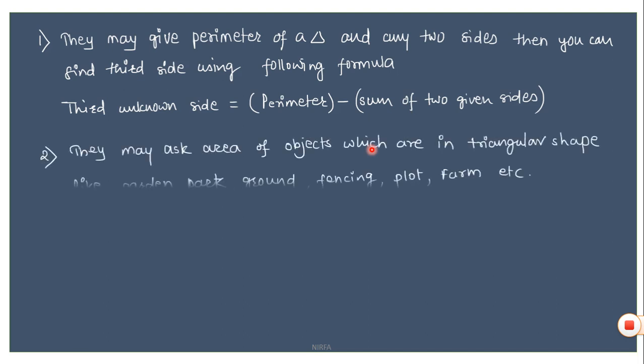They may ask area of objects. See, triangle is a shape, but they may ask questions related to objects which are in triangular shape, like triangular shape garden, triangular shape park, triangular shape ground, triangular shape fencing, triangular shape plot, farm, etc. The important part is whether that shape is triangular or not, whatever it may be.